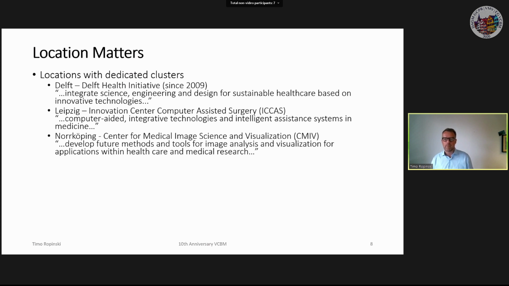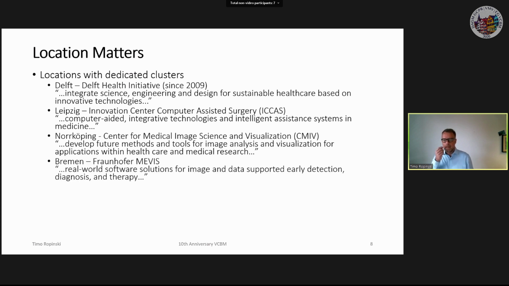They develop future methods and tools for image analysis and visualization for applications within healthcare and medical research. So also a very good fit for VCBM. Bremen, Fraunhofer MEVIS, also well known. They focus more on software solutions, which is also a nice fit.